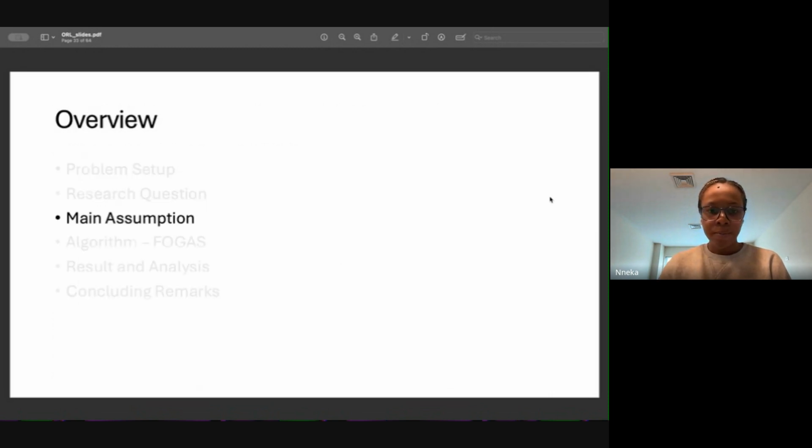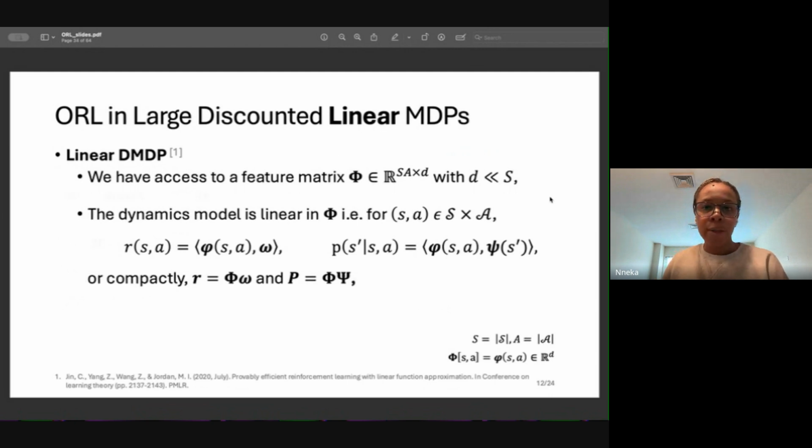In view of these limitations, what we decided to do in the paper is to take a step back and consider the most basic and fundamental structure for developing provably efficient methods in reinforcement learning, which is the linear MDP framework.